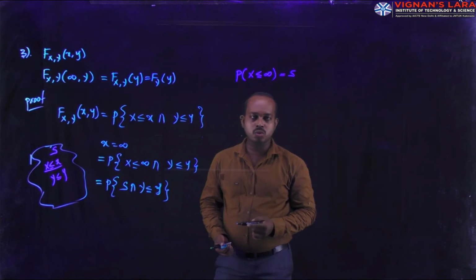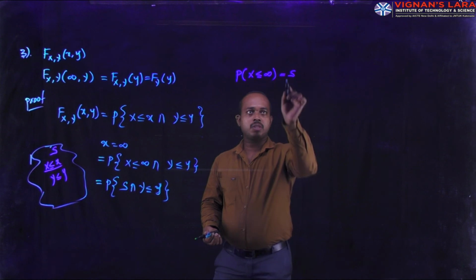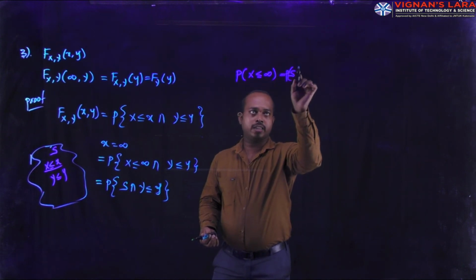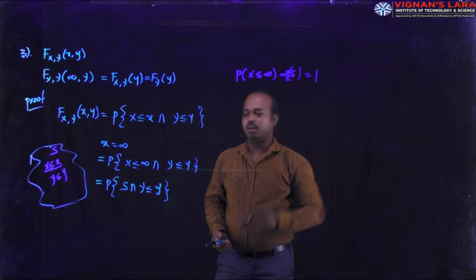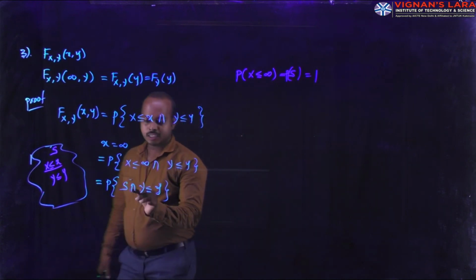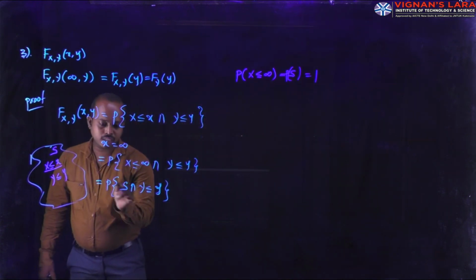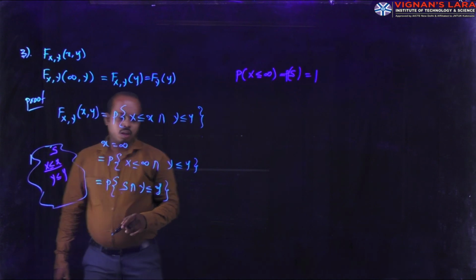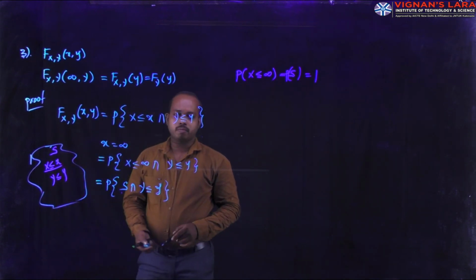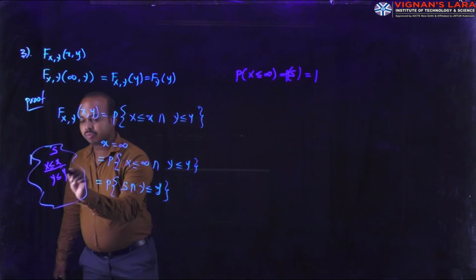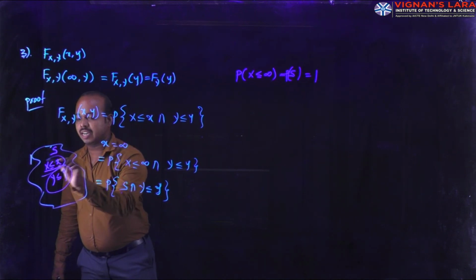The sample space probability you can write here. That value is 1. And one more event is y. This is one event, this is another event.